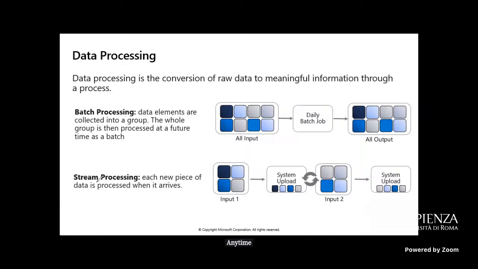Typically it's used where you find IoT, or Internet of Things, devices, and you want to work on that data immediately it gets to you, because getting that data is not the end of it. That data gives you just enough information for you to take an action immediately.